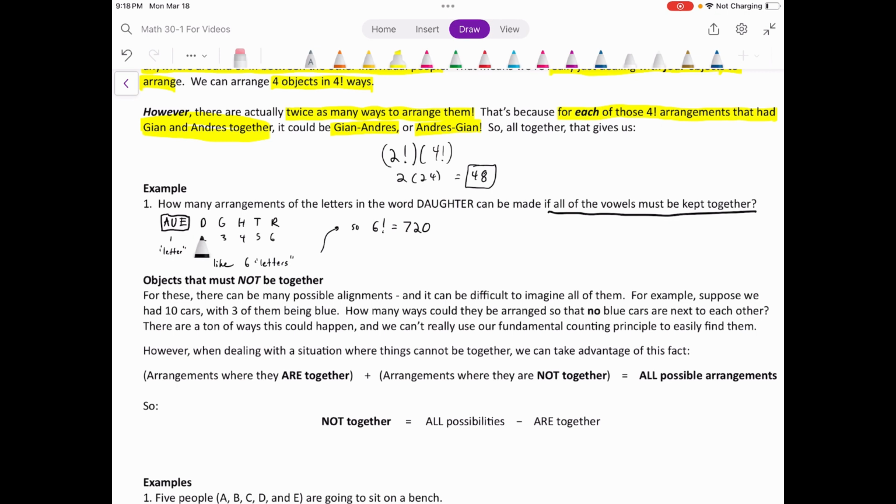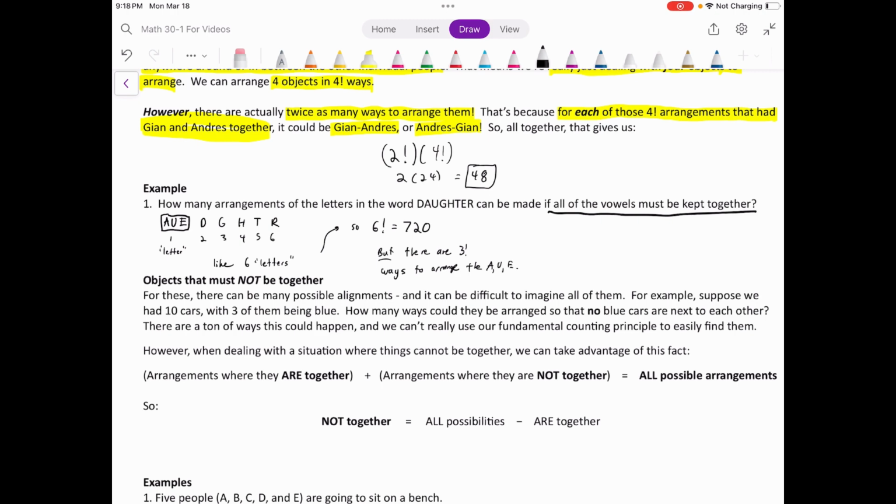And that means for all 720 ways there are to arrange these 6 letters, for every single one of those 720, there's 3 factorial ways we could have arranged the AUE.